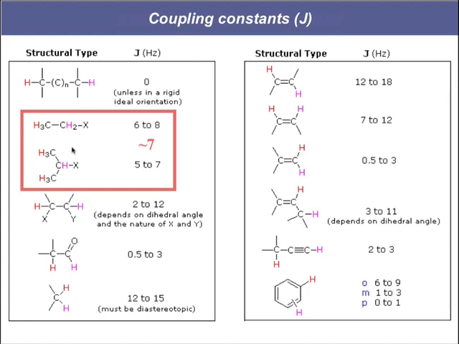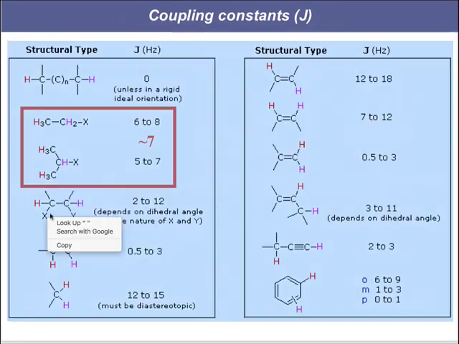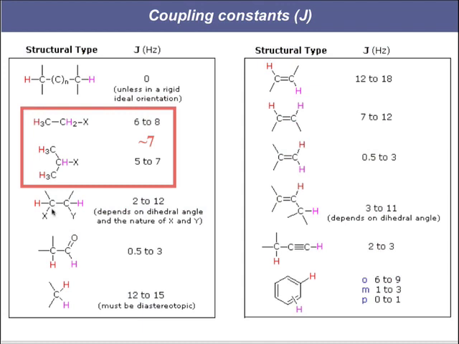sp3 neighbors are usually 7. That's a pretty good guess. Here's more sp3 neighbors. But if you have certain dihedral restrictions, for example, if X and Y force the H's to be very close or to be very far, they can vary from 2 to 12 hertz.